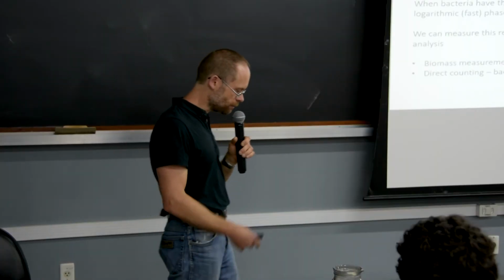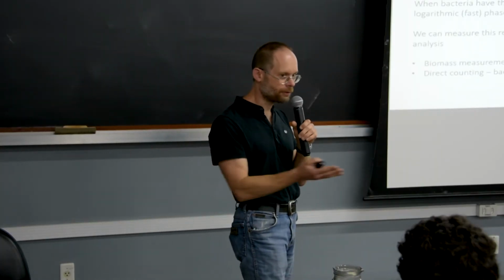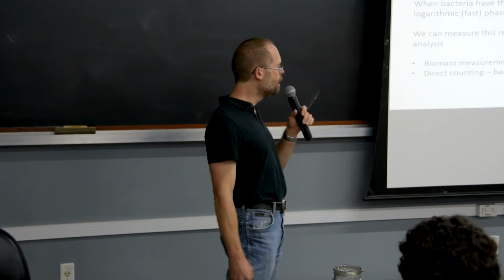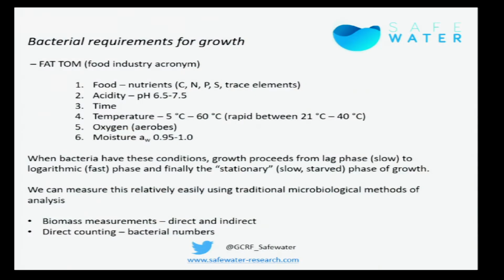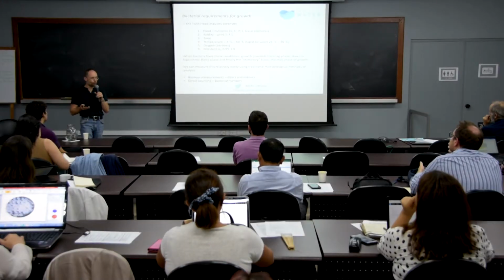And growth proceeds from a sort of lag phase where nothing very much maybe appears to be happening, to a logarithmic phase of growth where the cells are growing very rapidly. And then the cells sort of run out of nutrients and they slow down and enter what we call a stationary phase, which is where nutrient starvation is happening and cell division is very low.